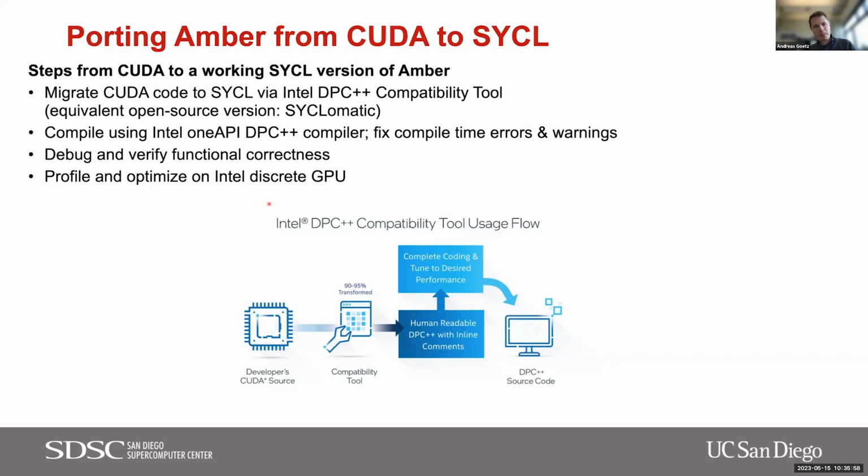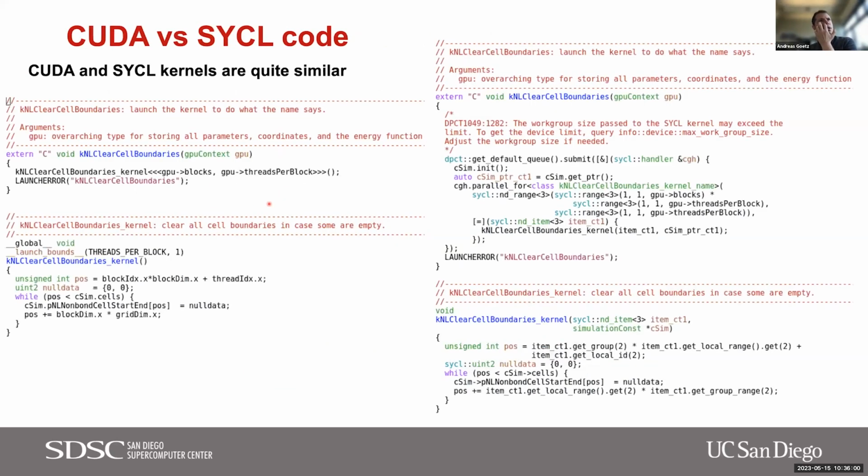And if you look at the code that's generated by SYCL, it looks a little bit longer, maybe a little bit more descriptive, but you see here, for instance, you also get some information with comments from SYCLomatic. The kernels are quite similar, but of course, they look different.